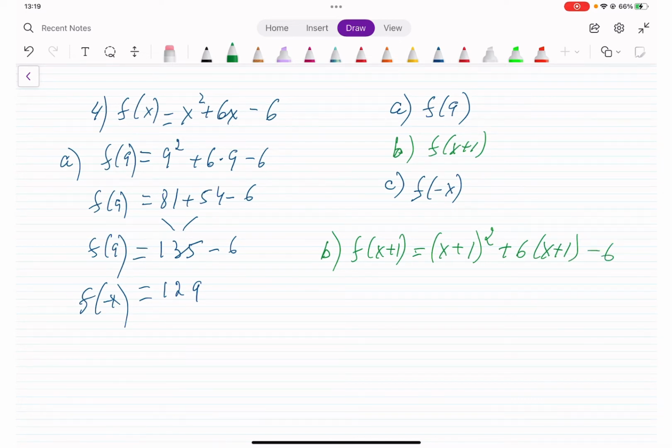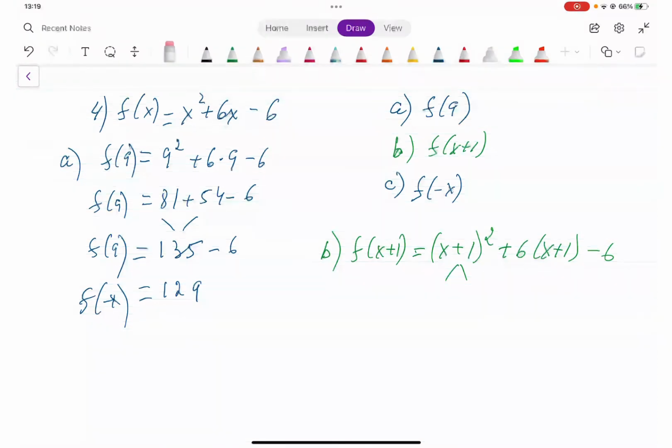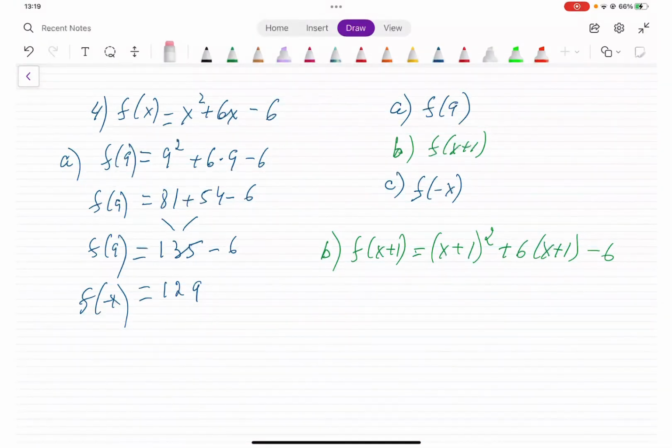So there are two ways, x plus 1 squared. You either can break it down as x plus 1 times x plus 1. That's not the best way, but you still can break it down like that and multiply. I would rather use a better way.